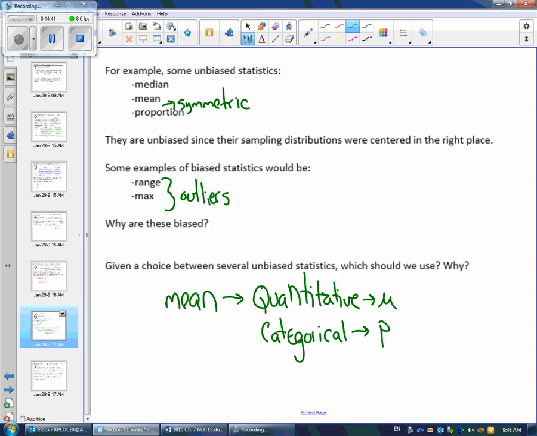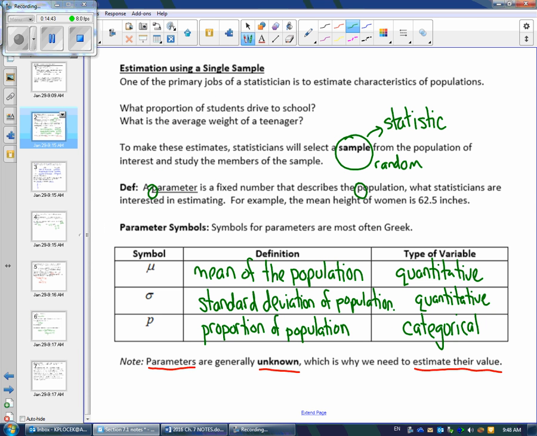Let's back it up just a second and go back to these two. The proportion of your population is also considered to be the mean in certain cases. I just like the word mean better. But everything's going to fall back to our lovely normal curve.